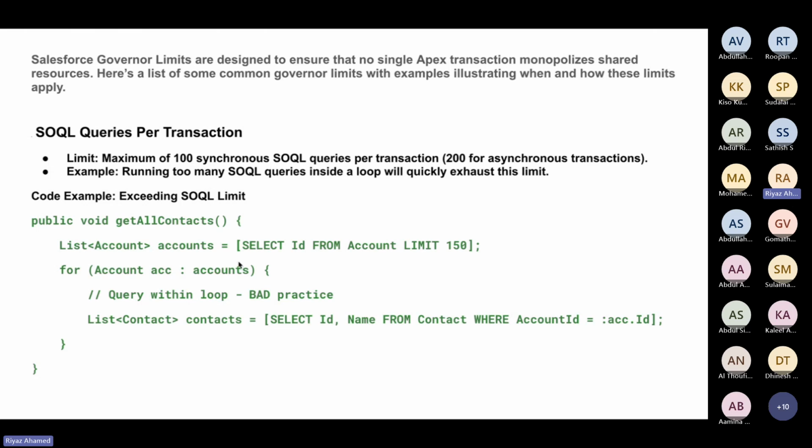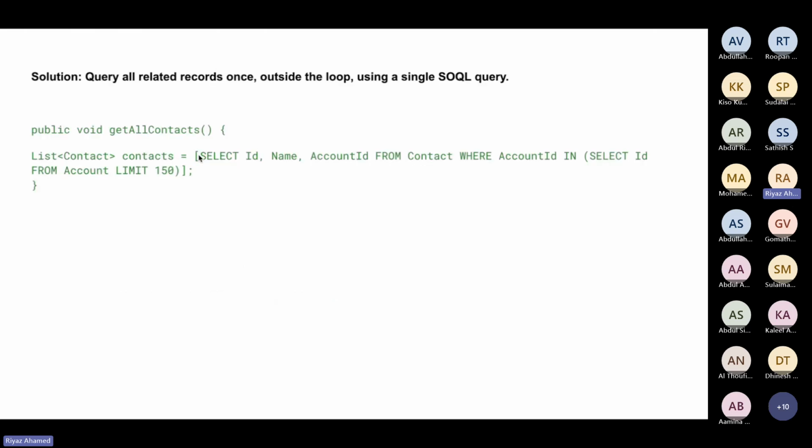To avoid this, we simply use contact directly as a list, select ID, name from contact, where in the where condition we are using the account. In means the account ID having this ID. So these 150 records come in the where condition, and in the context we get the result. Okay. You got it? Yes, sir.